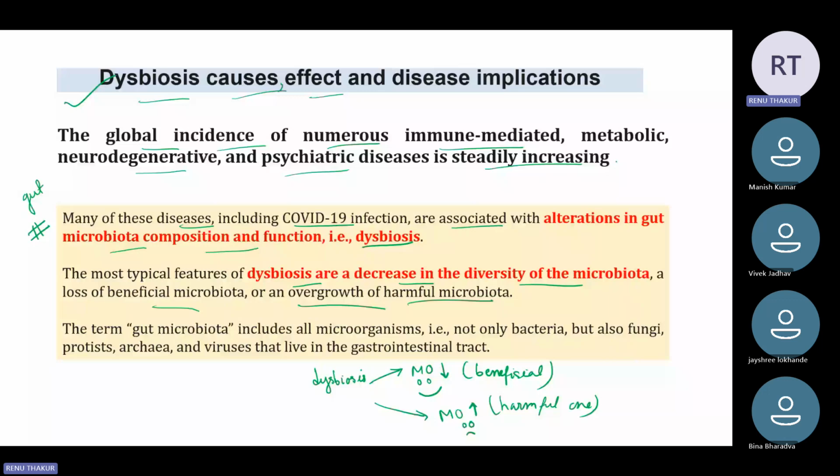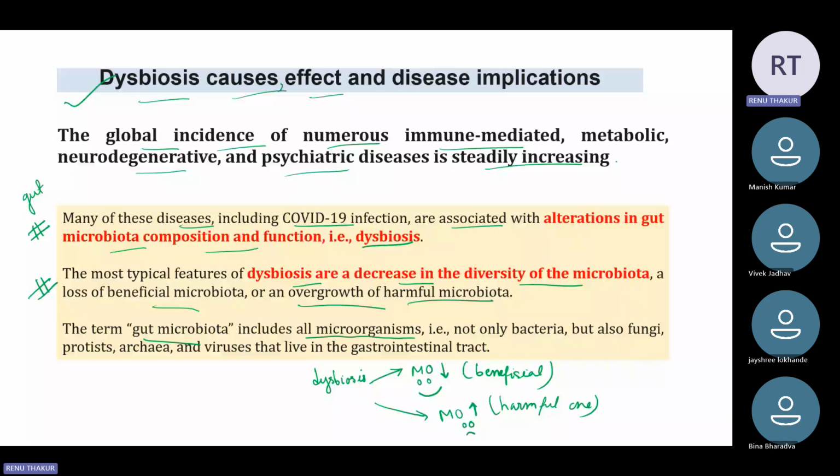What is the condition? There will be an increase in the microorganisms, but what type of microorganism? The pathogenic ones. Because we already know the term gut microbiota includes what? All the microorganisms residing in our gut, not only the bacteria but also the fungi, protists, archaea and viruses that live in the gastrointestinal tract.